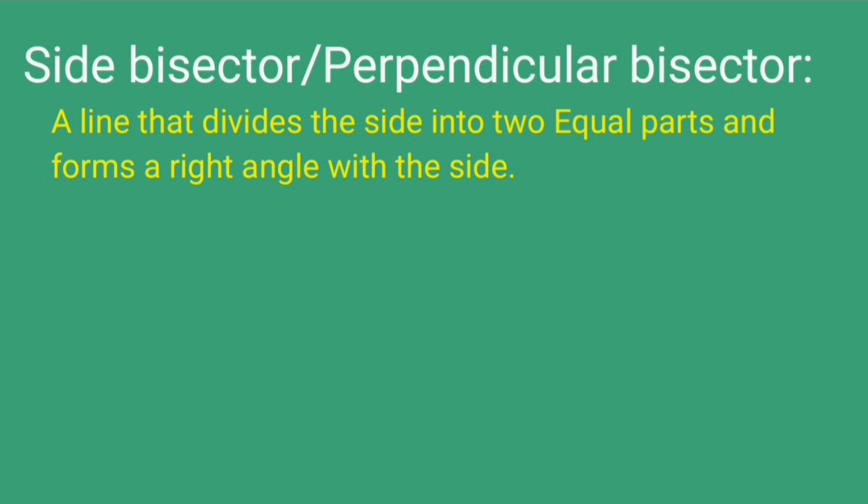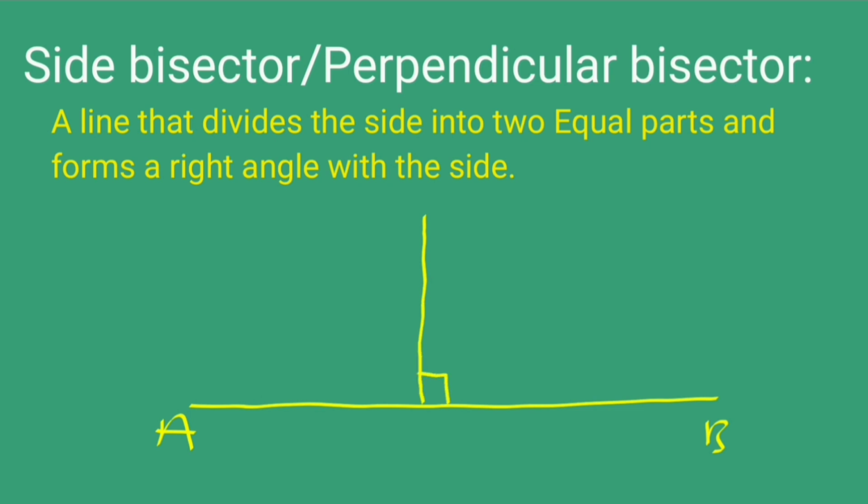That means here is a line AB, and I am drawing a line perpendicular to this AB line, meeting AB at D. Suppose this is C. This line divides the AB line into two equal lengths.